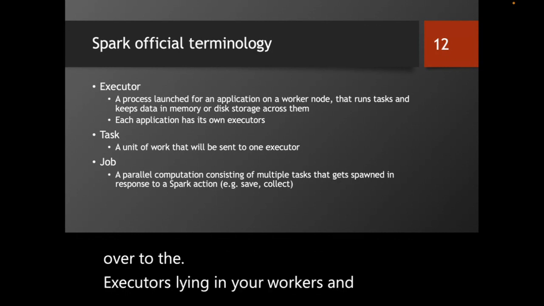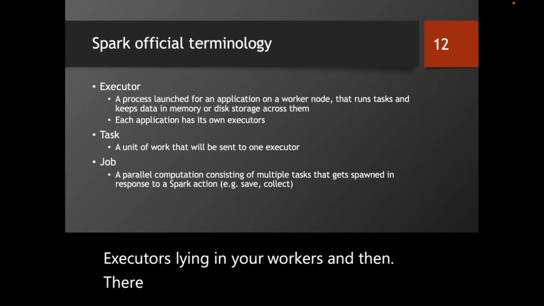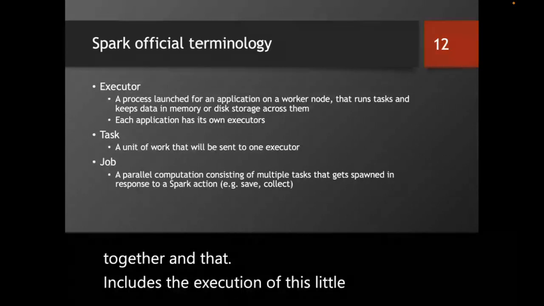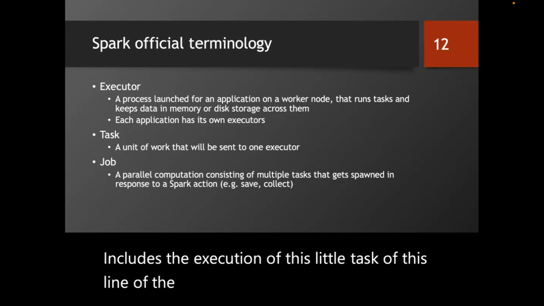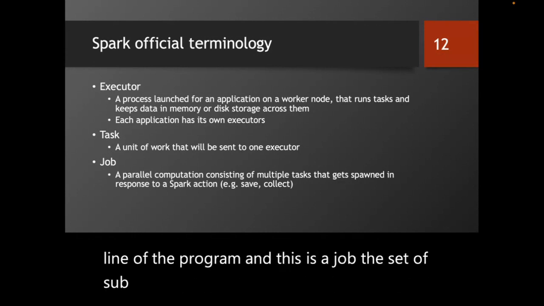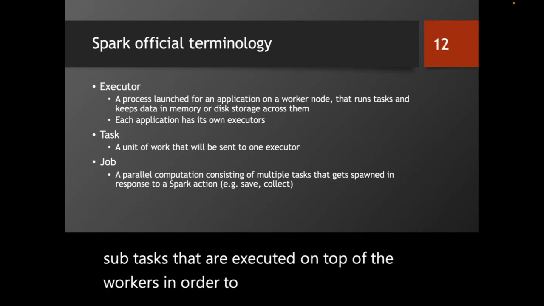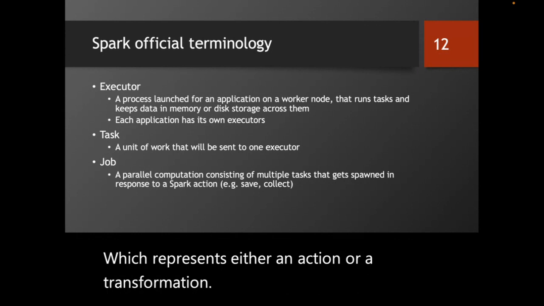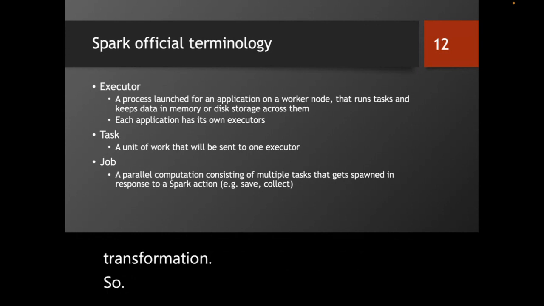Then there are operations that bring everything together and conclude the execution of this line of the program. And this is a job: the set of subtasks that are executed on top of the workers in order to execute one line of your program, which represents either an action or a transformation. So keep this in mind.